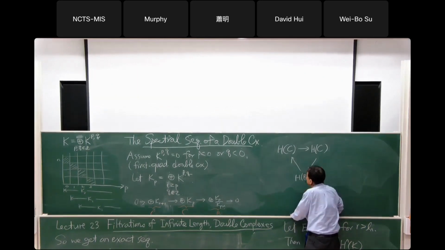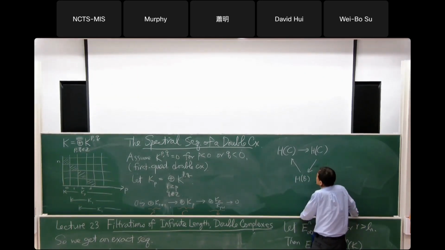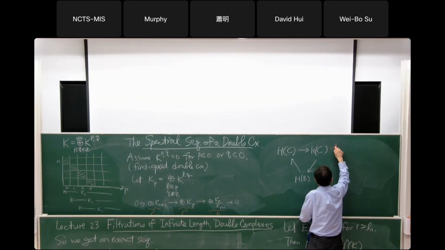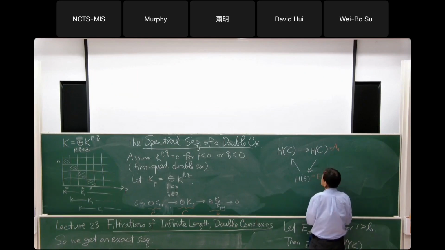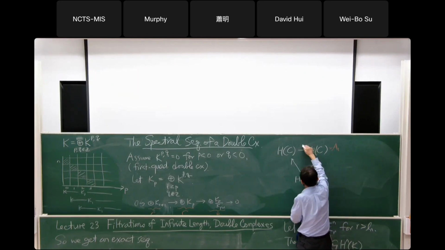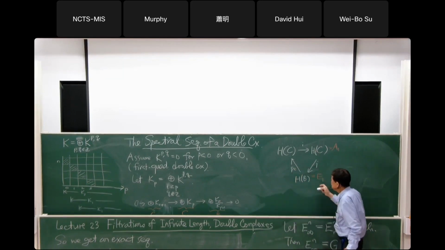So this is A1, this is E1, with maps I, J, K. So E1 is the cohomology of B. But what is the differential on B?